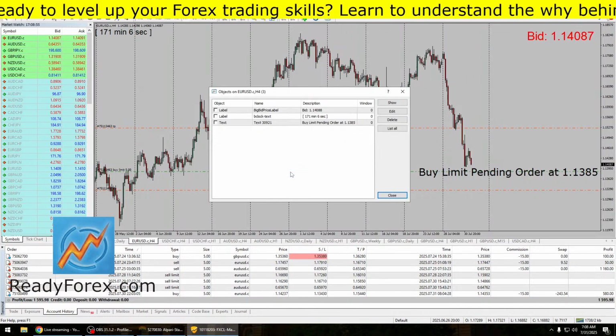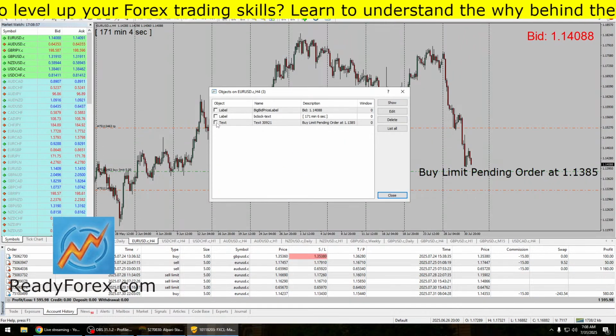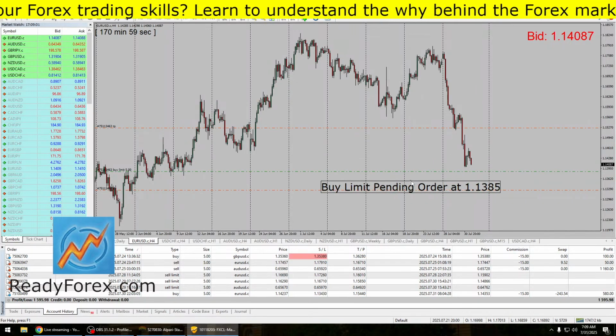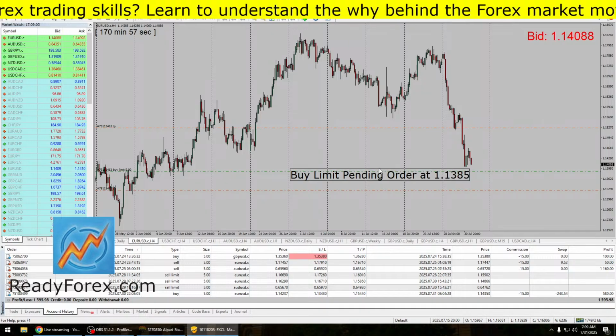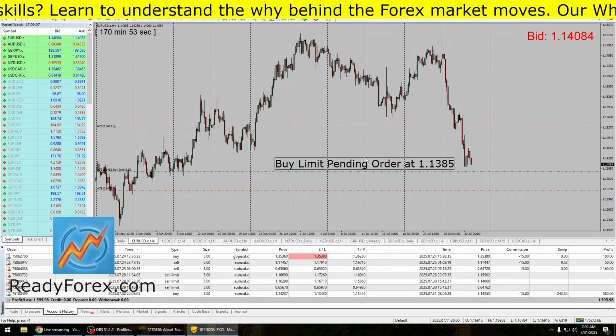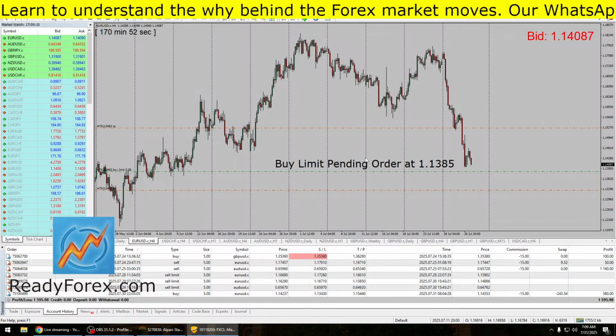I do have a stop loss in place as well. So this is my buy limit pending order in the euro dollar currency pair.